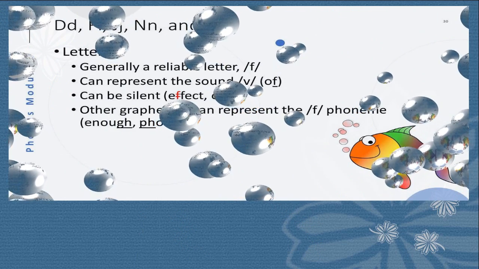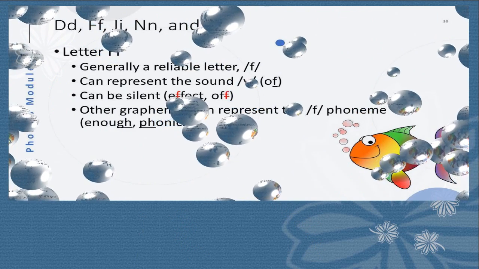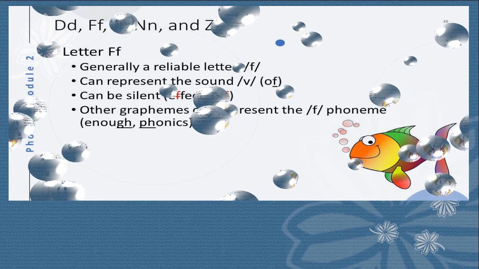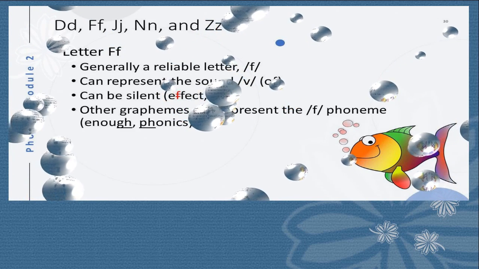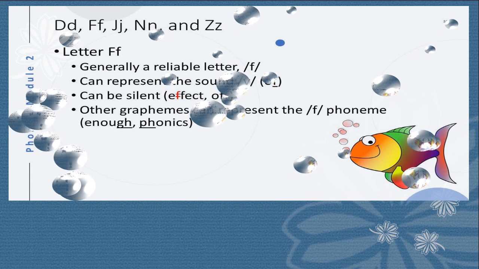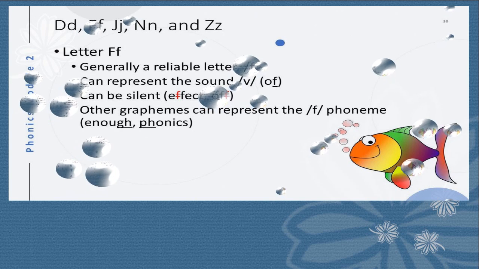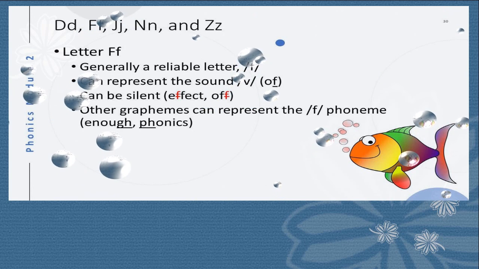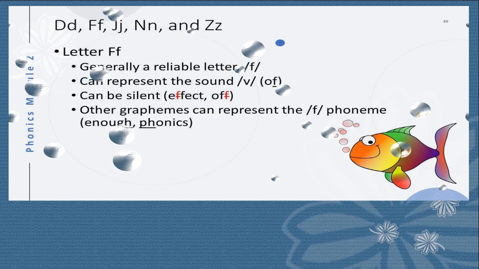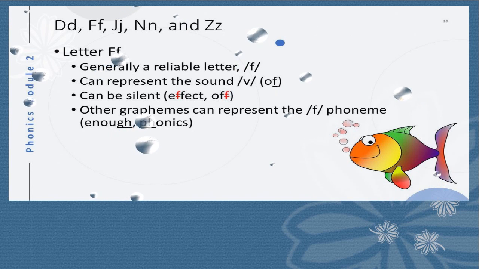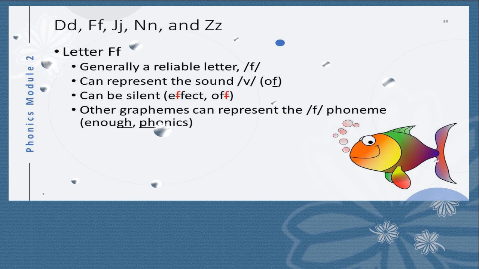The first phoneme is the sound we associate with the letter F. The letter F in general is a reliable letter. The letter F can represent the phoneme V, as in "of". One F in the word "effect" is not sounded. It is clear that F can be a silent letter. There are other letters that are used to stand for the sound F. These are the digraphs GH and PH, discussed further in the digraphs lesson.